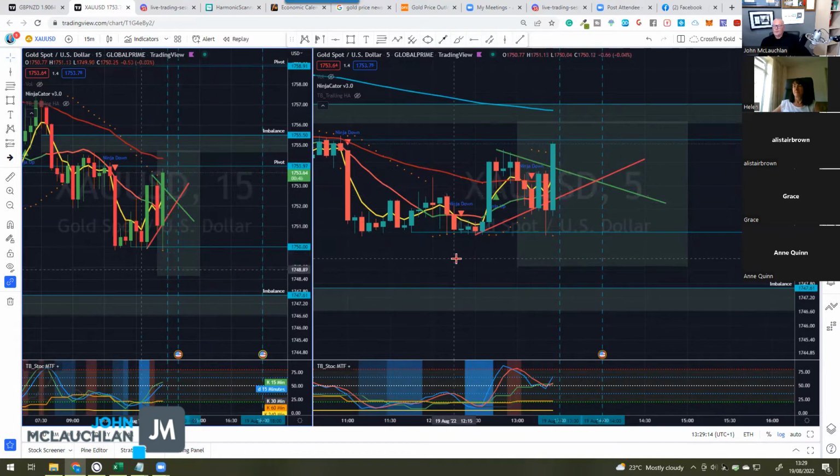So under normal crossfire conditions, what we'd be doing right now is waiting. If there was no news here, we'd be waiting for the next candle to appear. We'd wait to see what price action was going to do, and then we would consider whether we got into a trade at this level here.